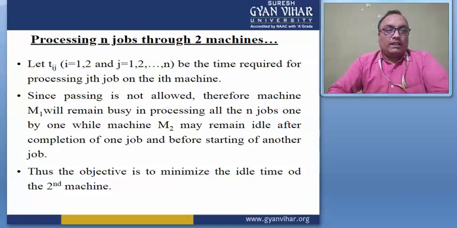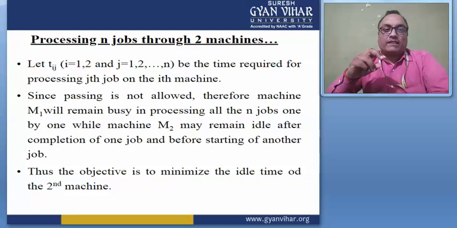Then let Tij be the time required for processing the jth job on the ith machine, where i equals 1, 2 and j equals 1, 2, ..., n.